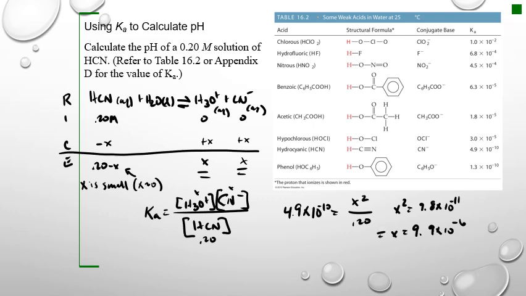That is my H3O+, and it's also my CN- concentration. Now that I have H3O+, all I have to do to solve for the pH is take the negative log of my answer, and you end up with a pH of 5.00 in this case.